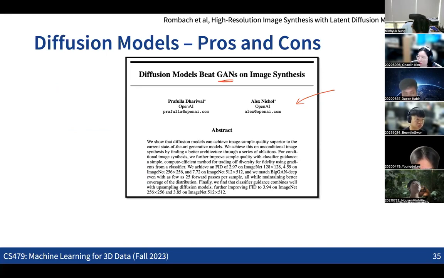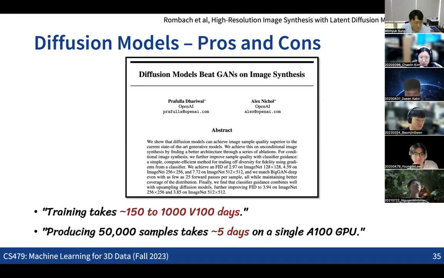This became the state-of-the-art technique for generating high quality samples, especially image generation. But we also could see that it takes a huge amount of time. For this specific model, the training takes more than 100 or sometimes even 1,000 days, not hours, to train a single diffusion model using a single V100 GPU.